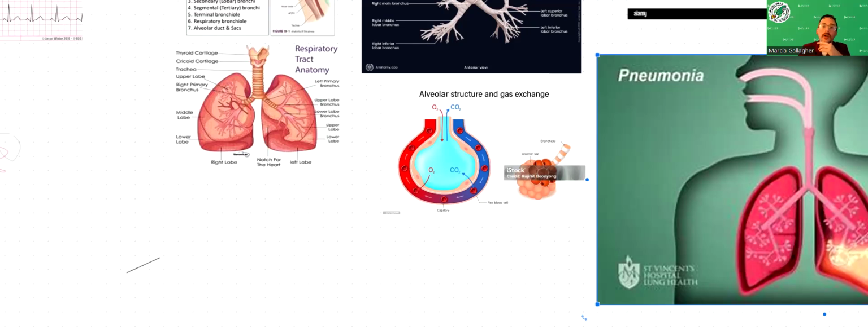So you can breathe all you want, but that saddle PE, and it's called a saddle because it kind of straddles that bifurcation of the pulmonary artery, lowers the effectiveness, and it just builds and builds and builds until you have a full occlusion, and those patients end up dying pretty quickly.